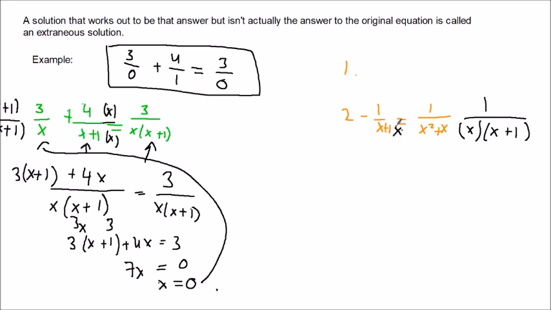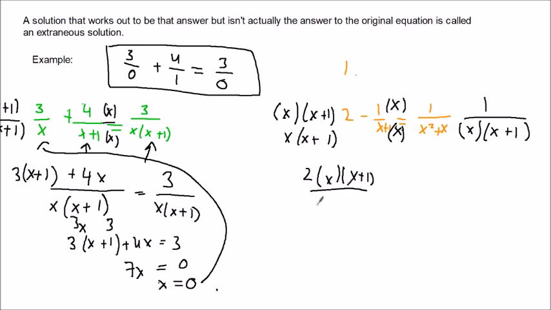So we can just multiply by x on this side, multiply by x up here, and then we can multiply this whole thing by x plus 1. I should stop putting the parentheses around the x. There we go. Now we'll have 2 times x plus 1 over x times x plus 1.